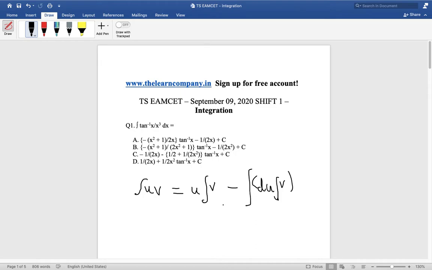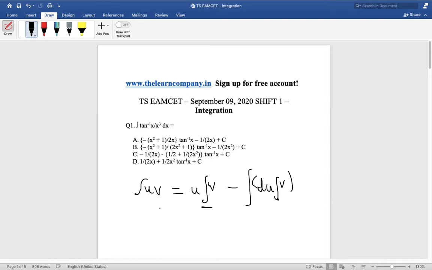So we want to choose the functions in by parts integration such that the differential is easy for the one which we choose as u, and the function that we choose as v, its integral should be easy.